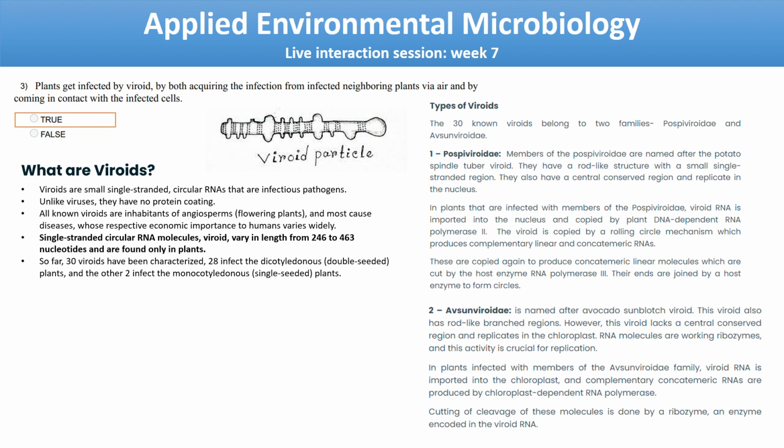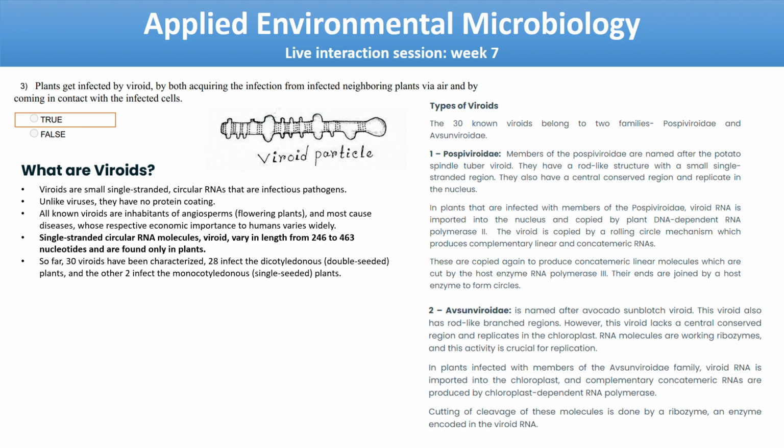Now these are copied again and again to produce such concatemeric linear molecules, and then they are cut by the host enzyme RNA polymerase 3, and joined by the host enzyme to form circles, which again become a new viroid particle. So this is how viroid replication happens for the Pospiviridae family.